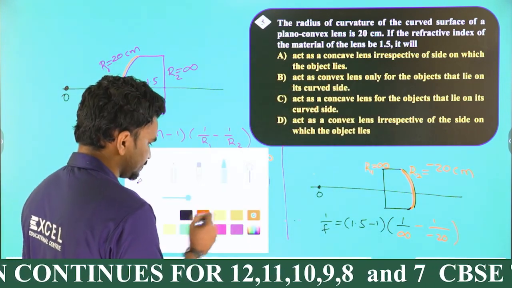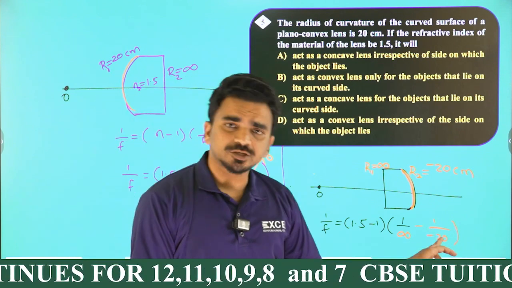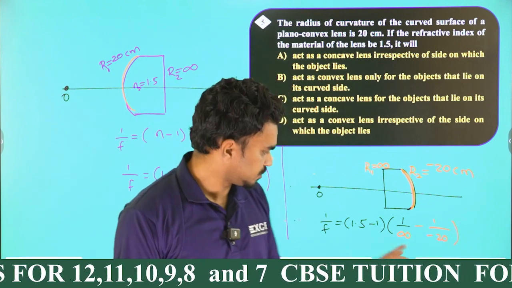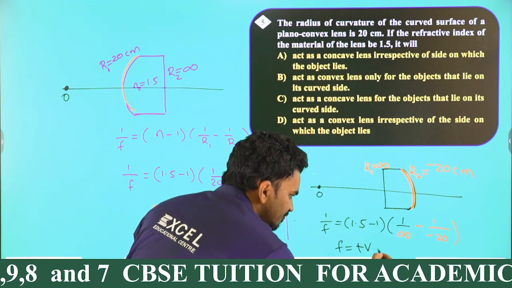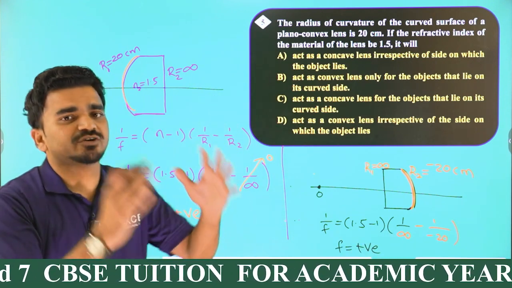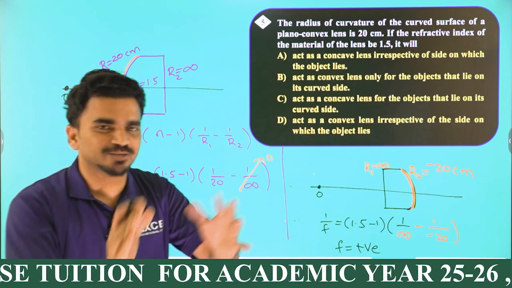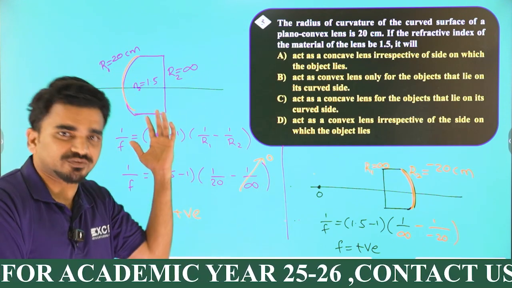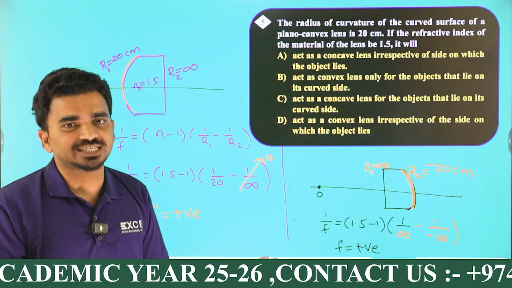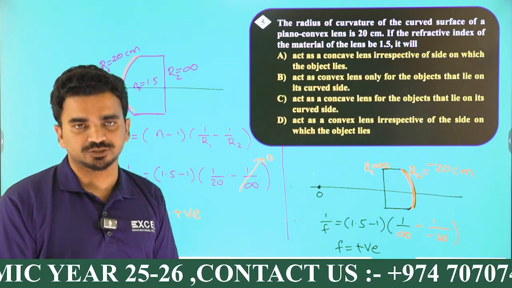Now tell me, negative, positive. 1 by infinity is 0. What will you get for f if you solve from here? We don't want to solve. You'll get f is positive. So wherever you place the object in a plano-convex lens, on the plane side or the convex side, no matter, every time we are getting focal length positive.